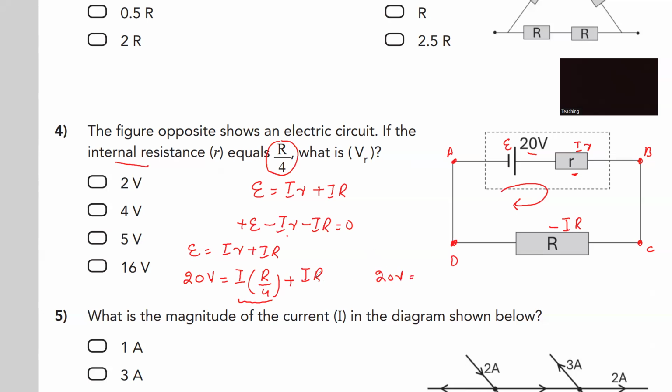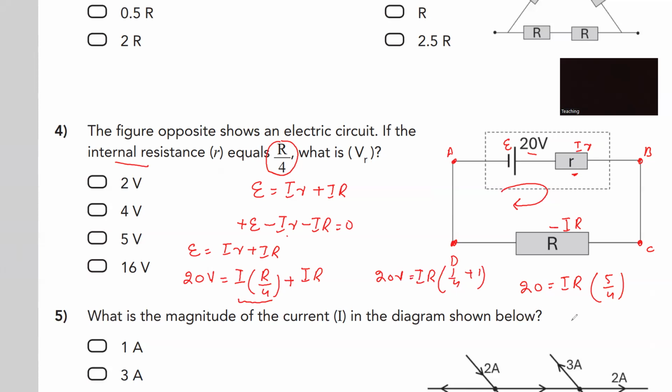If you solve this particular thing, we see that 20 volt is equal to... here IR is common, so we just put the IR outside, and inside it we have 1 by 4 plus 1. So if you further solve this, 20 is equal to I into R times, if we take the LCM of 1 by 4 plus 1, 5 divided by 4. Okay.